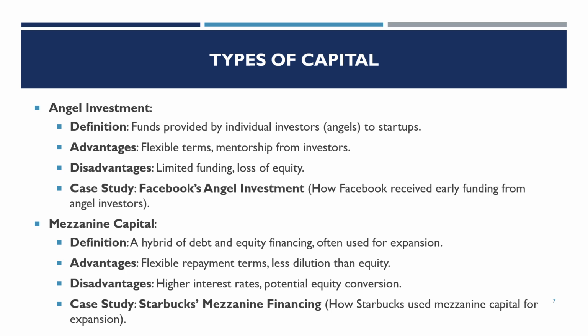Next is mezzanine capital. This is a hybrid of debt and equity financing, often used for the expansion of the business. The advantage is that it offers flexible repayment terms and less dilution than equity financing.